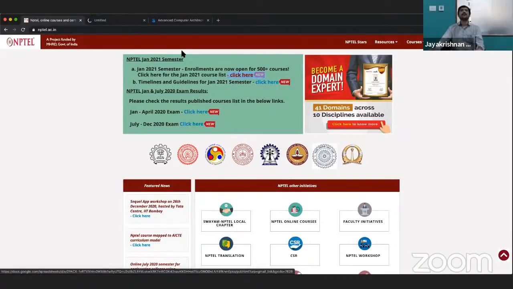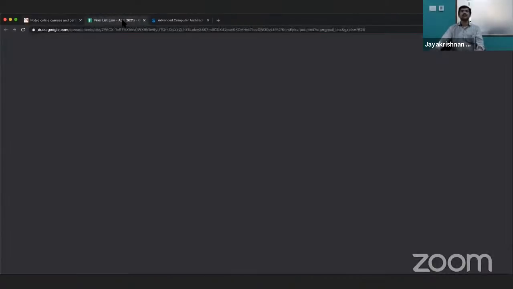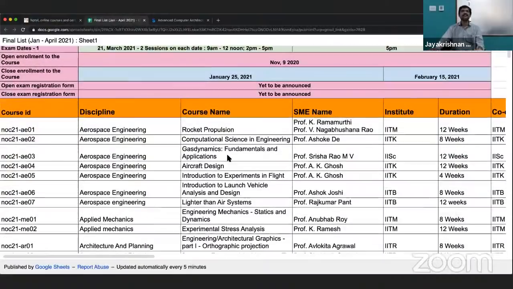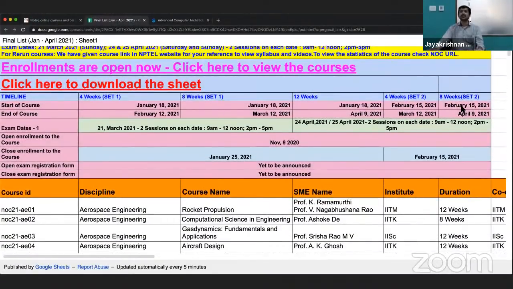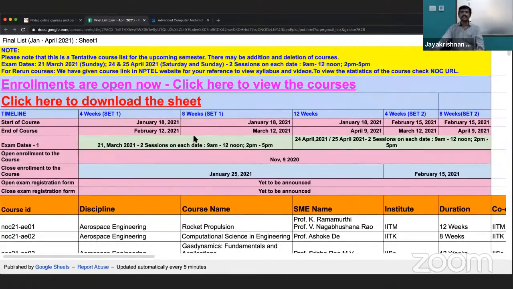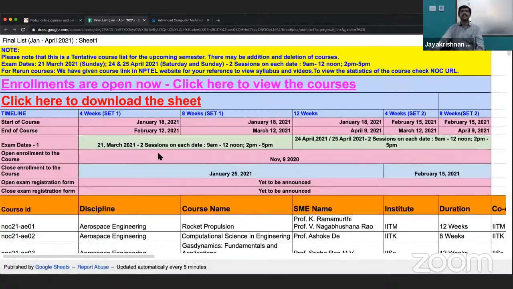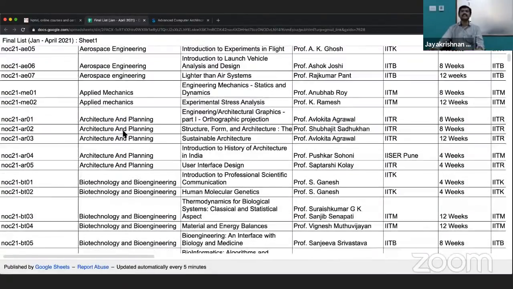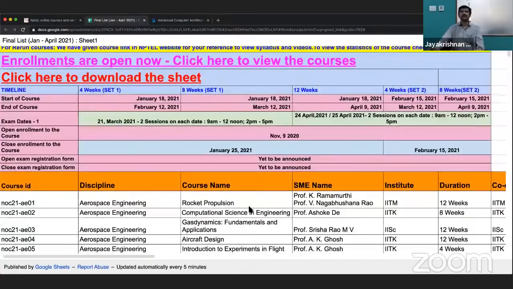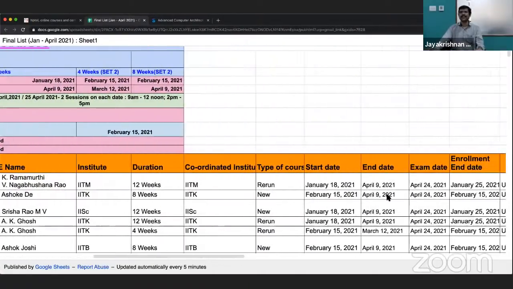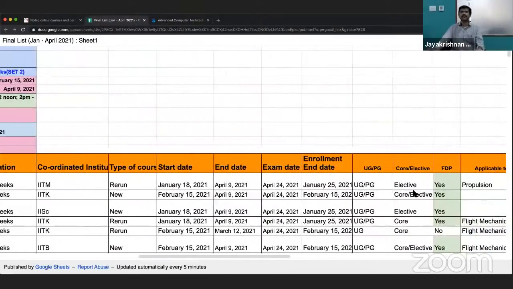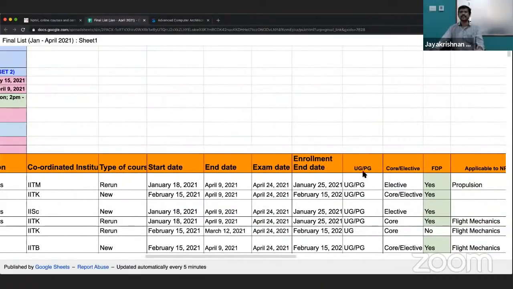You have to click on the new tab. You can see an Excel sheet where the important dates when the courses start, everything is given. You can click on this to download this sheet. The discipline is shown, the name of the course is shown, the institute, the duration, everything is shown over here. First year and second year students, look at whether it is a UG or PG course.